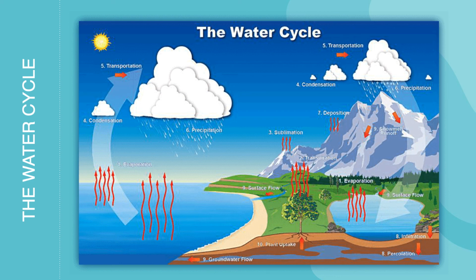Not all runoff flows into rivers, though. Much of it soaks into the ground as infiltration. Some water infiltrates deep into the ground and replenishes aquifers, which are saturated subsurface rock, which store huge amounts of fresh water for long periods of time.